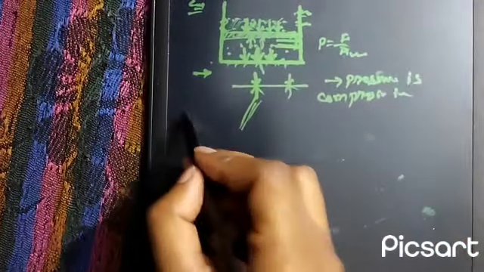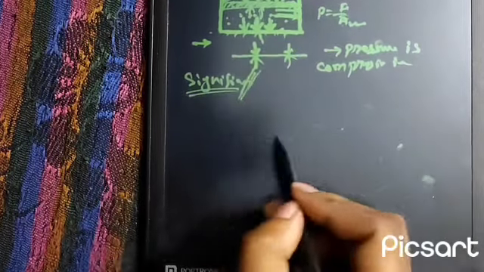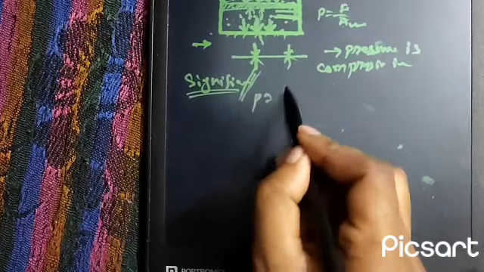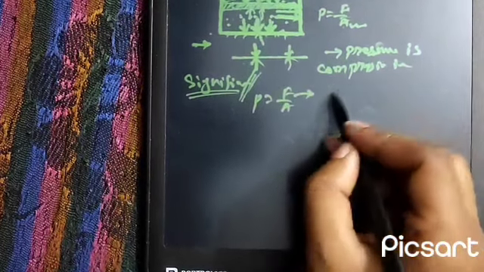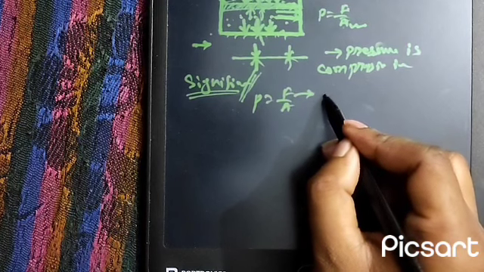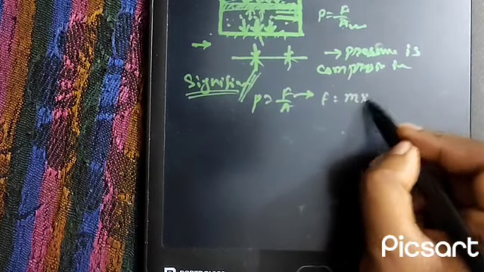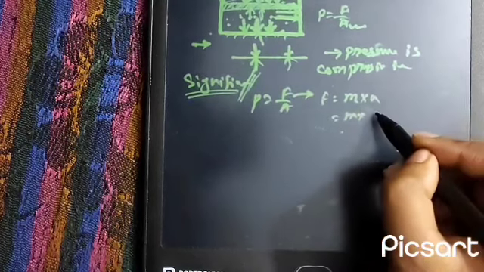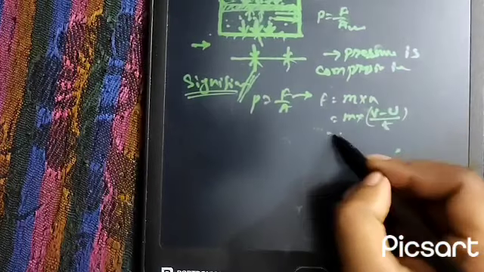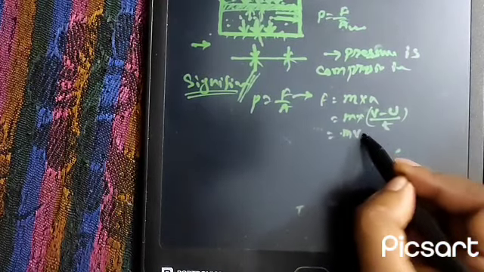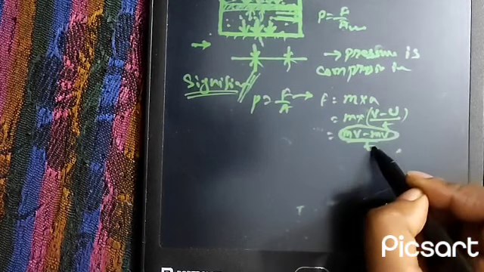Now what is the significance? Pressure equals force by area. By Newton's law, force equals mass into acceleration, and acceleration equals final velocity minus initial velocity by t. So force is mv minus mu by t, the change of momentum per time.